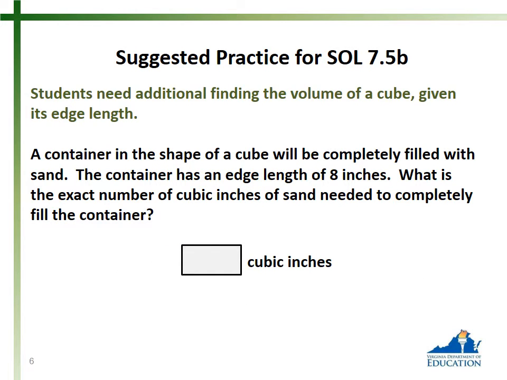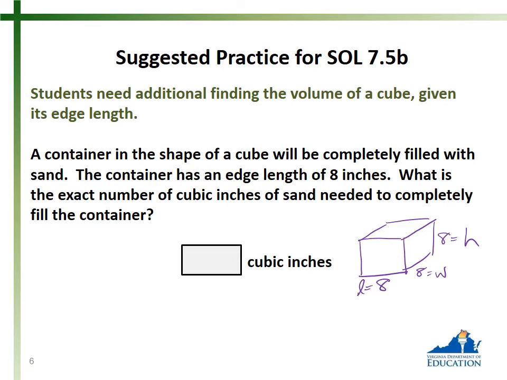So a container in the shape of a cube is completely filled with sand. The container has an edge length of 8 inches. And so automatically here, if I have a cube, all of my sides are exactly the same. So my length is 8, my width is 8, and my height is 8.